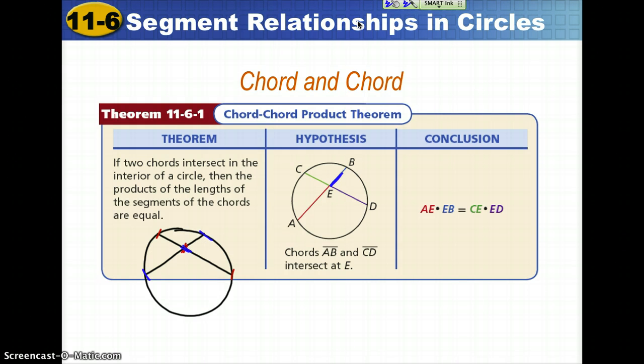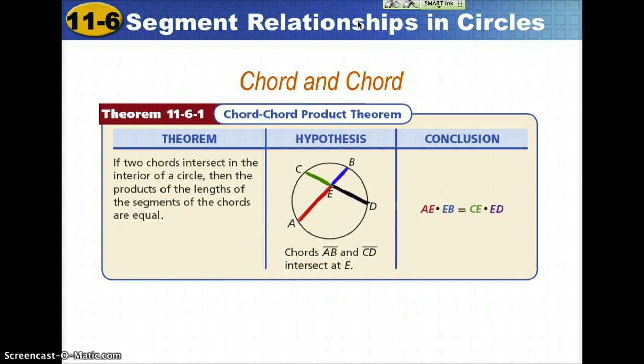We have this blue part, EB, and the red part, AE. That is the whole chord, AB. We also have the green part from EC, and the black part from ED. Those segments, those 4 little parts, came from breaking up the 2 chords.